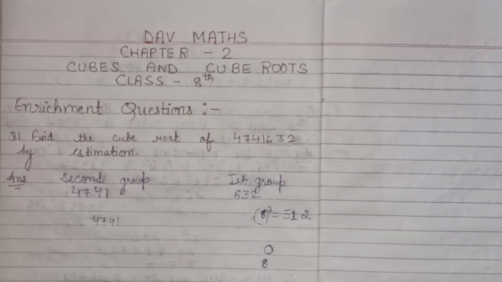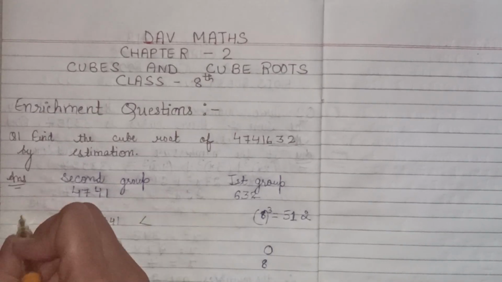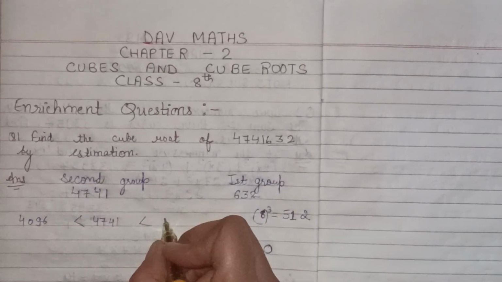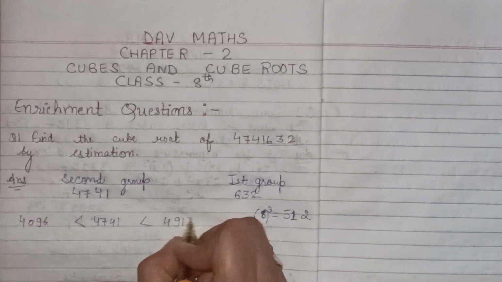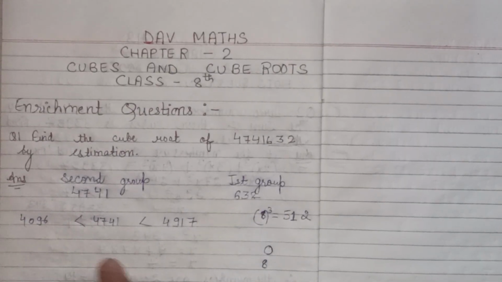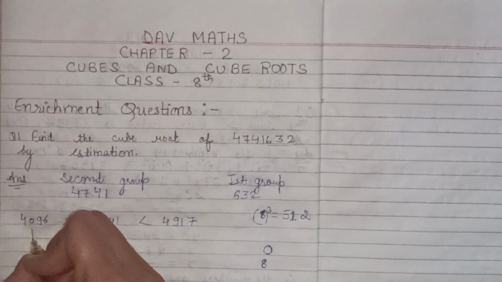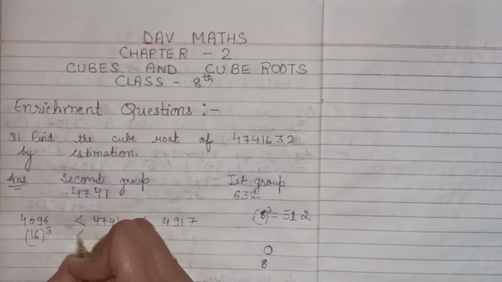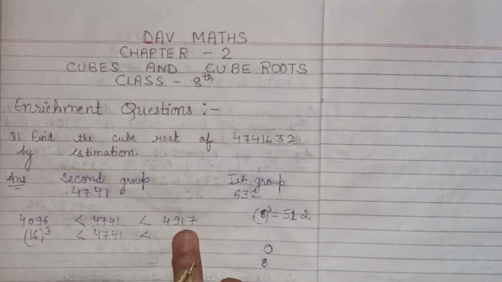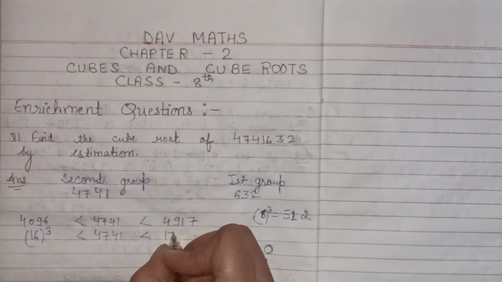So 4741 lies between 4096, which is the perfect cube of 16, and 4913, which is the perfect cube of 17. 16 cube is less than 4741, which is less than 17 cube.